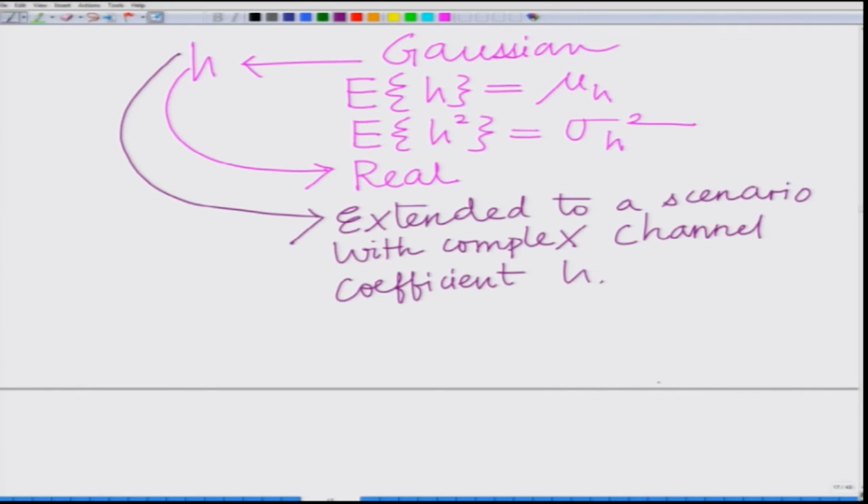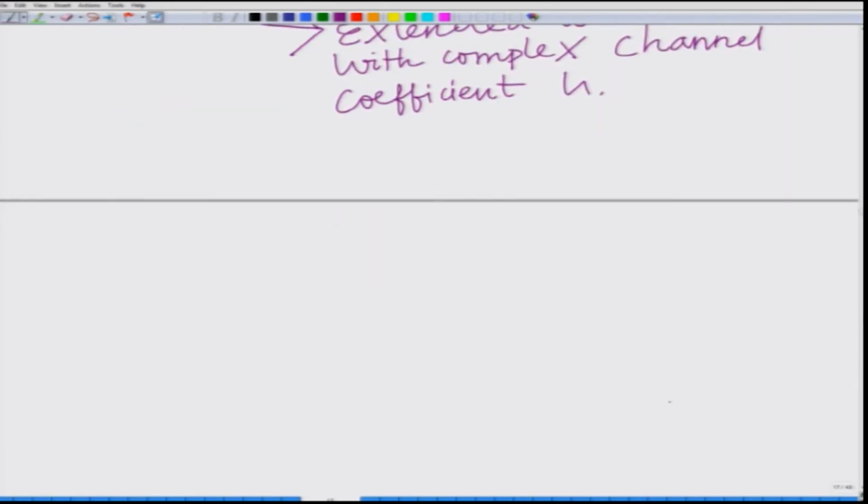And therefore, we have assumed something about the channel coefficient, and we have assumed the noise samples to be IID Gaussian with mean 0 and variance sigma square. These are the two assumptions that we have. Now let us also make one other observation.